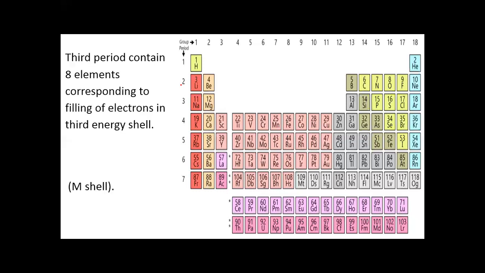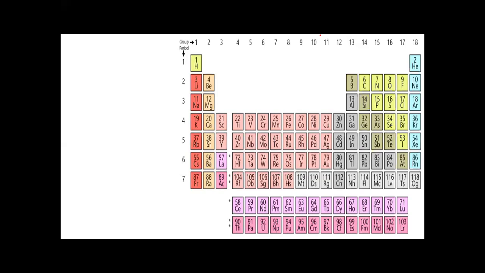The third period again contains 8 elements corresponding to the M shell. That is 1, 2, 3, 4, 5, 6, 7, 8.